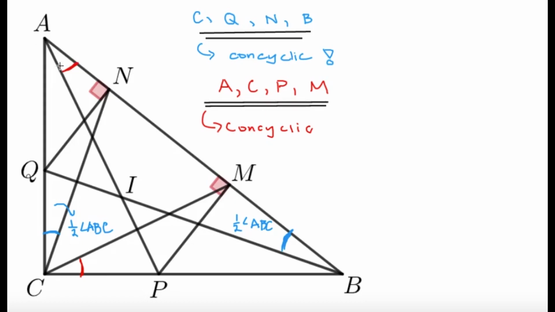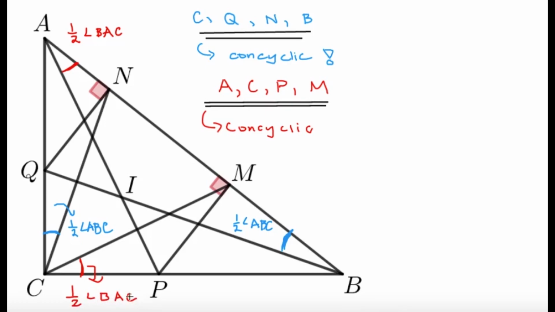Again, AP contains I, so AP must be an angle bisector. So this red angle should be 1/2 of angle BAC. Since this equals that one, this angle over here is also equal to 1/2 of angle BAC.